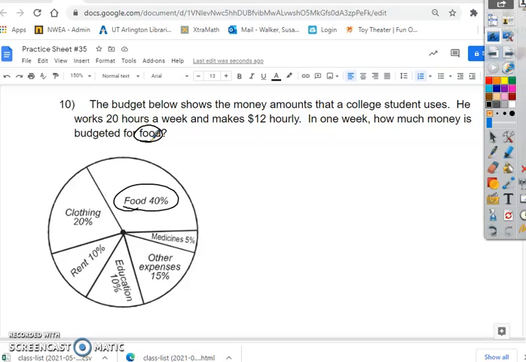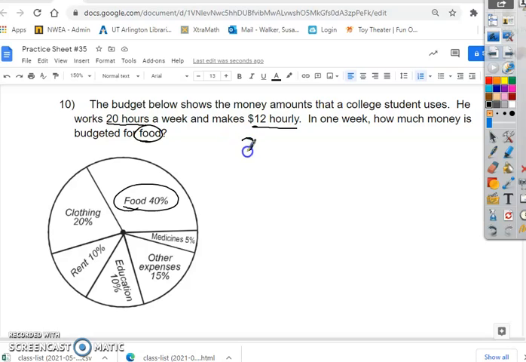I should have done that, but we'll just say that this is how much he's making after taxes. Maybe he makes more than that. So if he, or he or she, works 20 hours a week and makes $12 hourly, what do we do to figure out how much money this person makes?